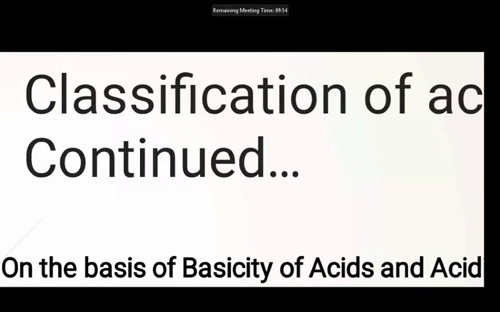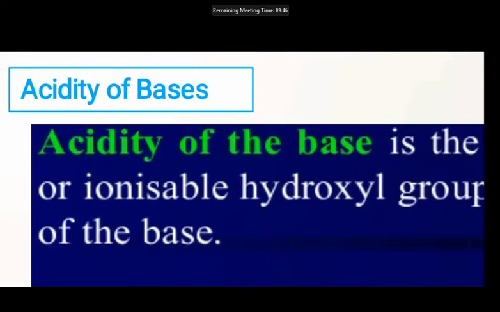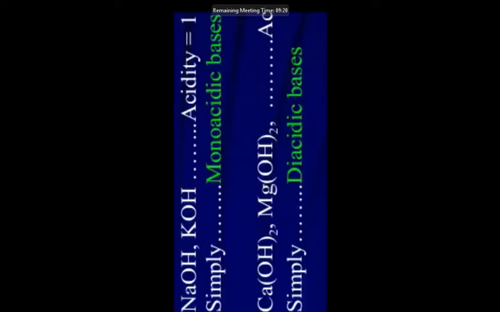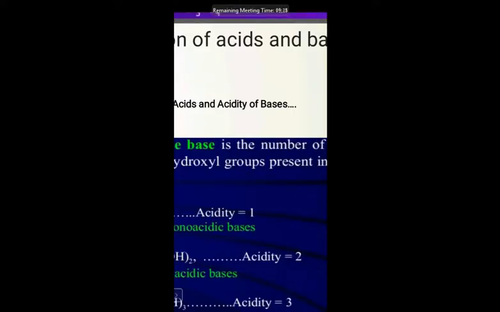You can take the examples Mg(OH)2 and Ca(OH)2. Ca(OH)2 we can write as Ca2 plus and 2OH minus, and Mg(OH)2 as Mg2 plus and 2OH minus. We can take copper hydroxide also, which consists of two replaceable hydroxyl ions.